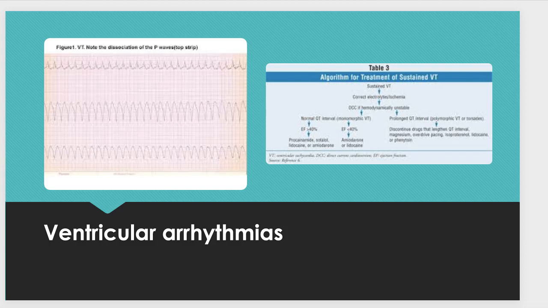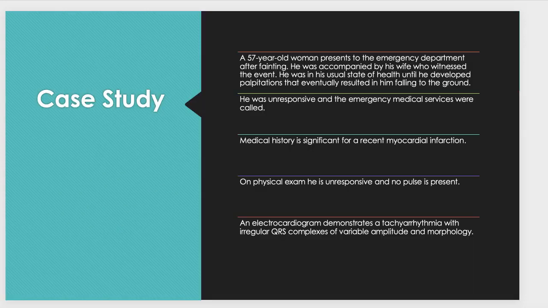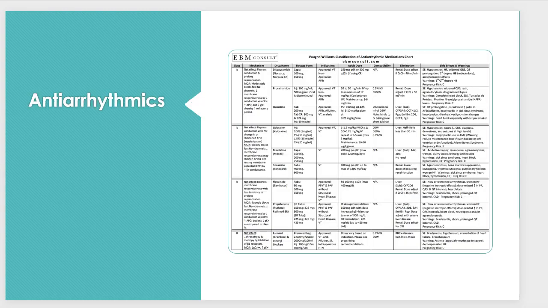This can be caused by scar or a genetic abnormality. Again, another case study that I will let you review on your own.